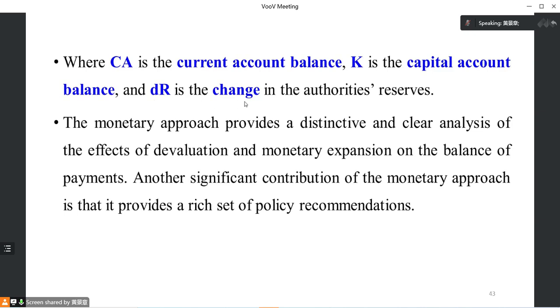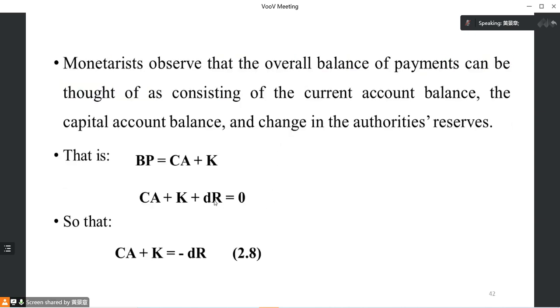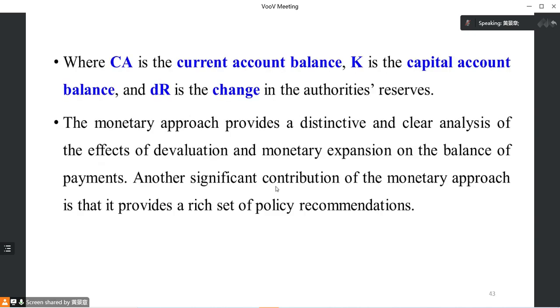And DI is the change in the authority's reserve.